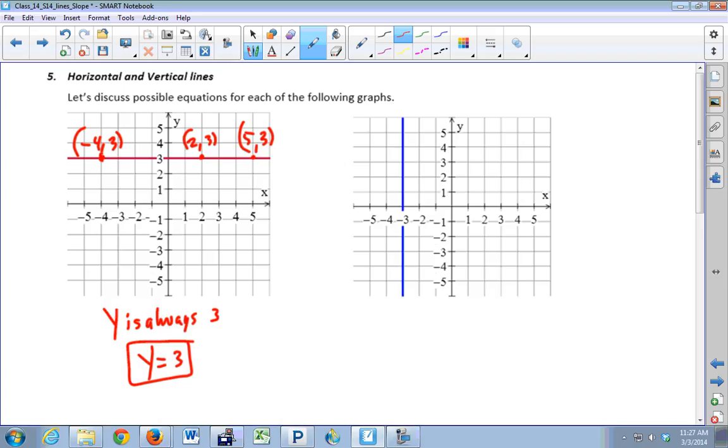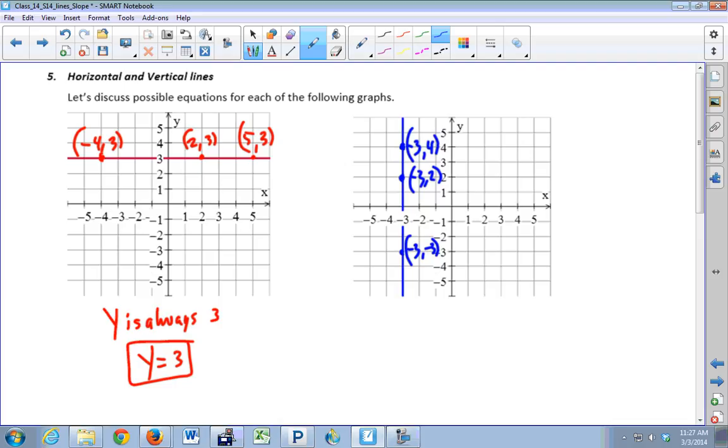Similarly, you can do the same thing with your vertical line. You could just pick a couple of points: (-3, 4), (-3, 2), (-3, -3). And you could look at those 3 points and say, what's true about any point on this blue vertical line?